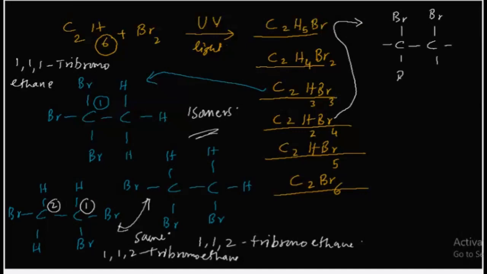For example, if you attach 2 bromine here and 2 bromine here, with 2 hydrogen, now 2 bromines are on the first carbon and 2 are on the second carbon, so you can say 1,1,2,2. There are 4 bromines, so that's why 1,1,2,2-tetrabromo, and 2 carbons with single bond, ethane. I hope you will get the complete concept of alkane.